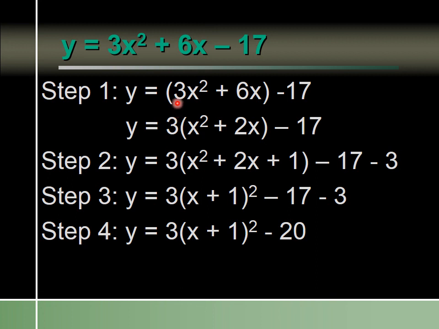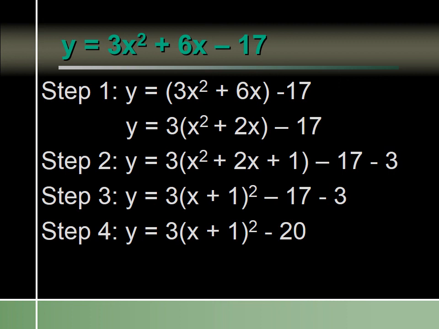So 3 goes into 3 once, leaving x squared here, and then 3 goes into 6 twice, leaving 2x here. I can check my work by distributing the 3 back. 3 times x squared is 3x squared. 3 times 2x is 6x. So it does work. I did factor that correctly. And then I bring the minus 17 down.